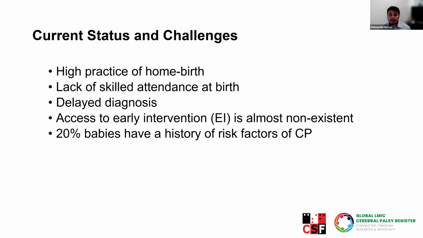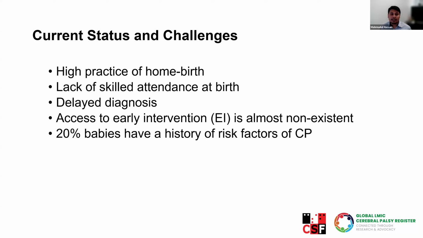Before we begin, we need to understand why a community-based early detection and early intervention model is essential, particularly in low-income settings. Let's review the current status of CP diagnosis and intervention. In Bangladesh, most children are delivered at home, and over 2/3 of deliveries are attended by traditional birth attendants. Additionally, the age of CP diagnosis is significantly delayed, 5.2 years in Bangladesh and 1 to 2 years in high-income countries.